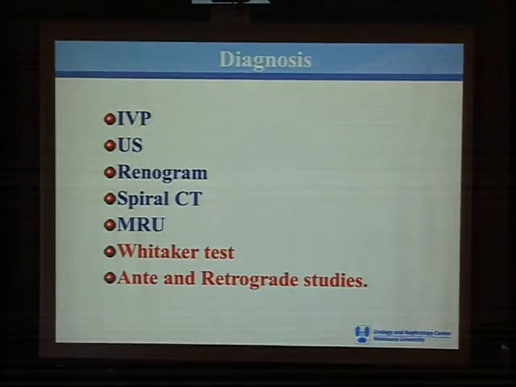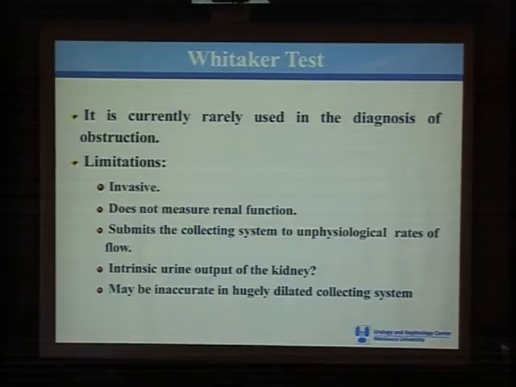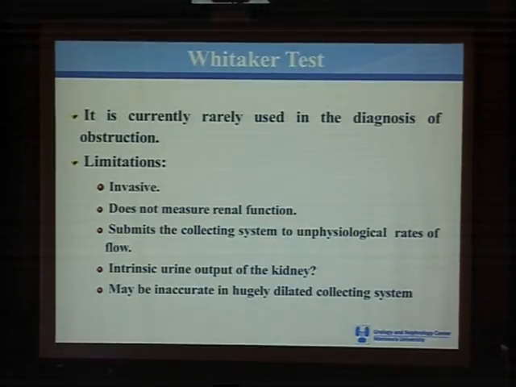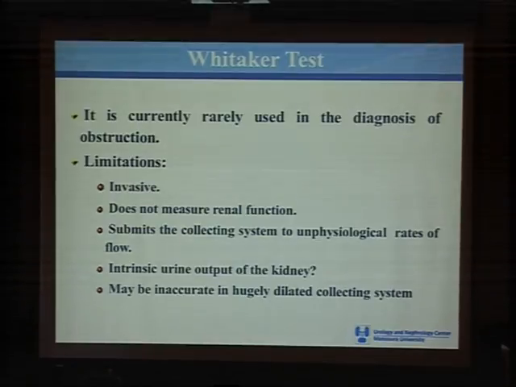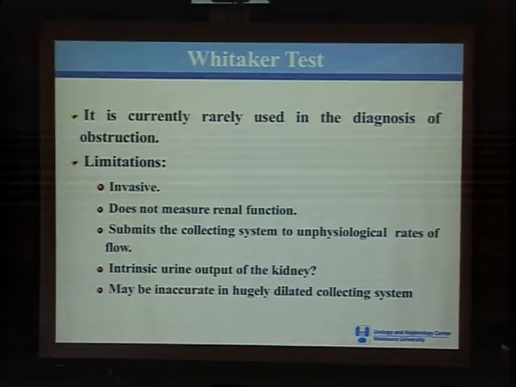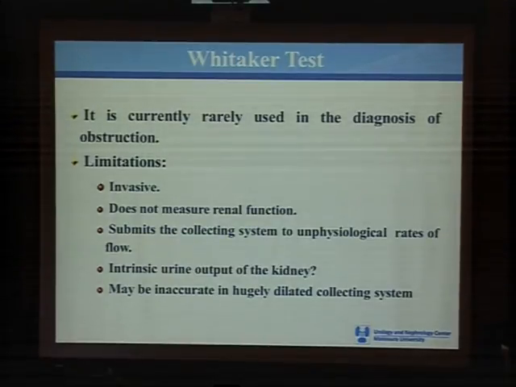For the Whitaker test and the antegrade and retrograde studies, the Whitaker test means that you fix a percutaneous nephrostomy, and the percutaneous nephrostomy has two ends. One end has a sensor to measure the pressure inside the kidney, and the other end will allow passage of saline with gravity.